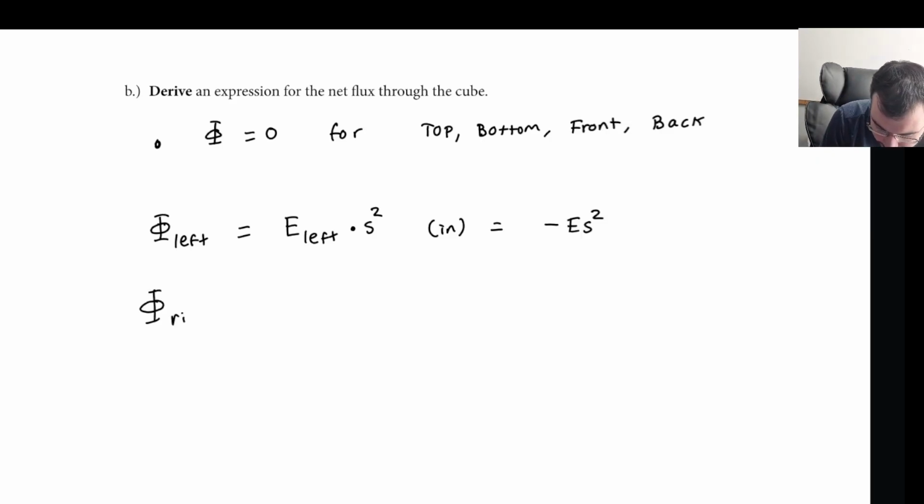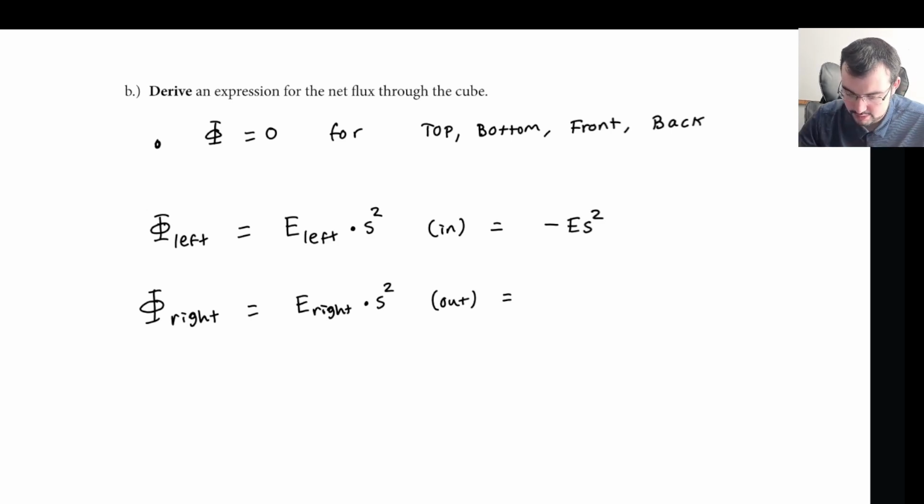And then phi for the right face is E on the rightward face times s squared, and that's an outward flux. And E for the rightward face, we said was E times s plus 1.